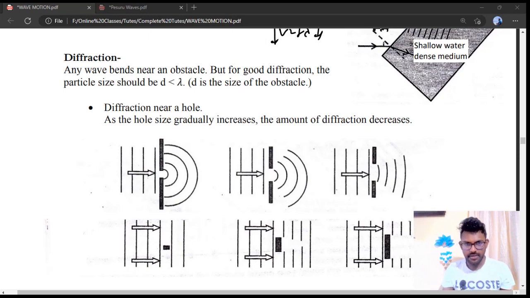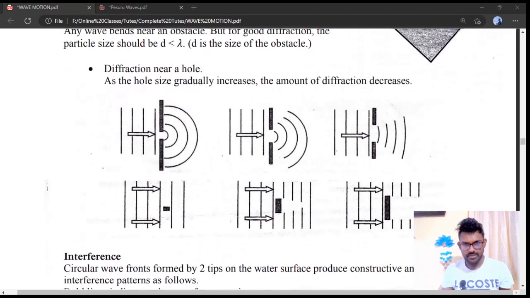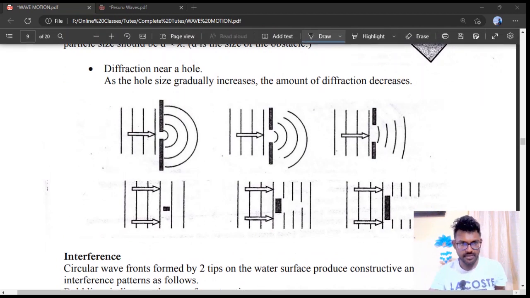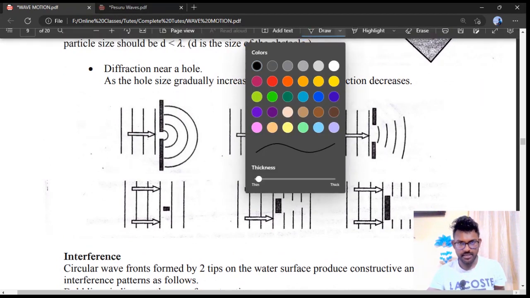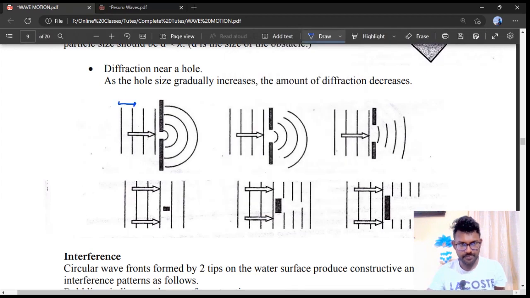You can see here, this is a hole. This is a hole that is made smaller than the lambda. Let me mark the wavelength here. This is the lambda, and this is the gap between the two poles.